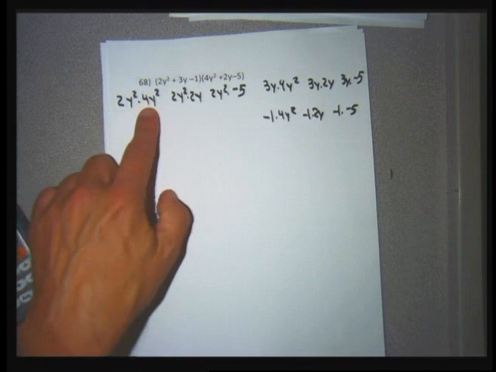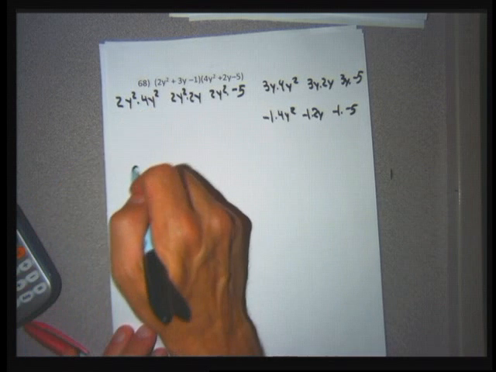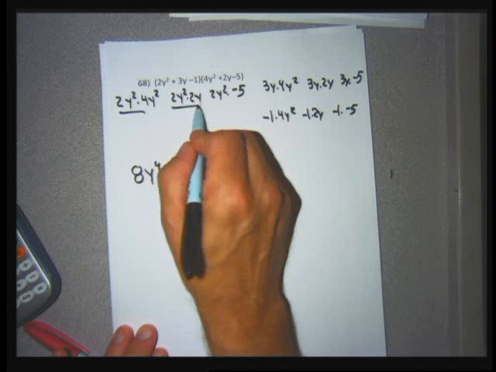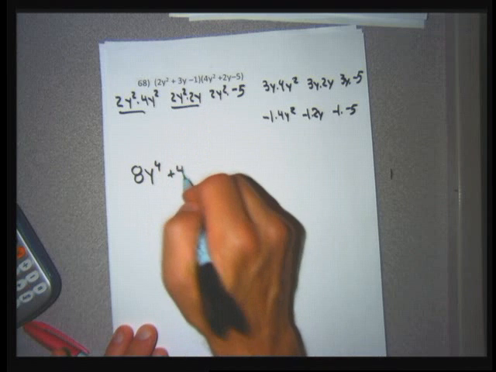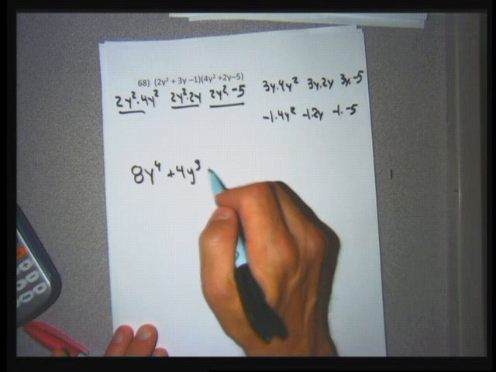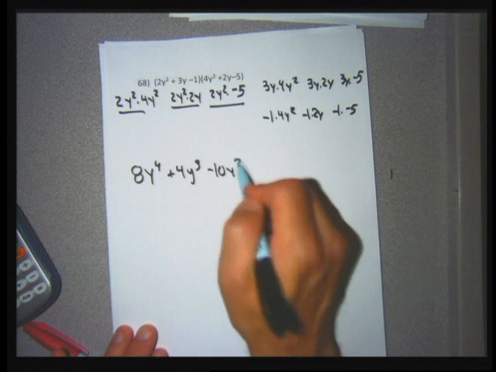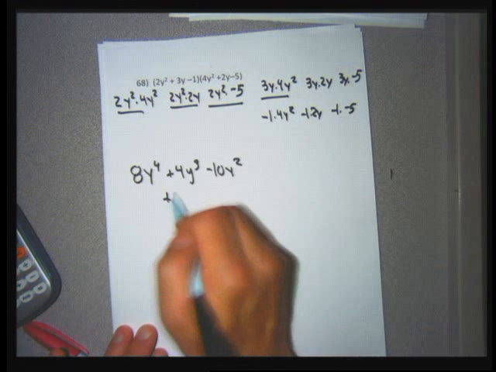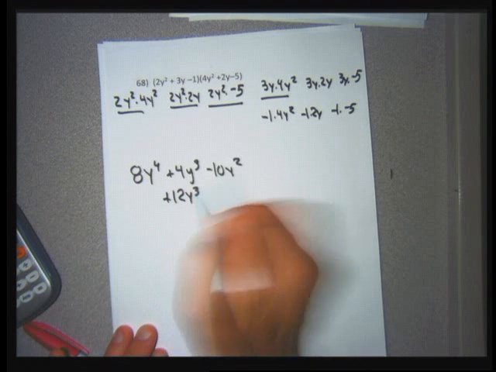First multiplication, I get 8y to the 4th. Second multiplication, I get positive 4y cubed. Third multiplication, I get negative 10y squared. Fourth multiplication, I get positive 12y cubed.